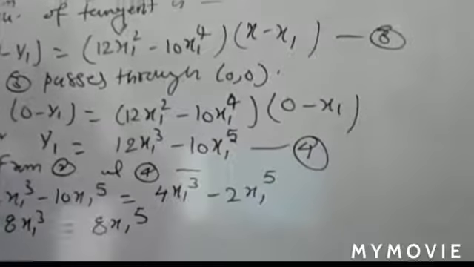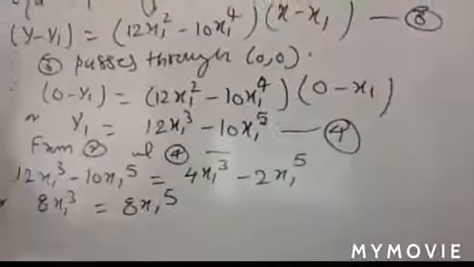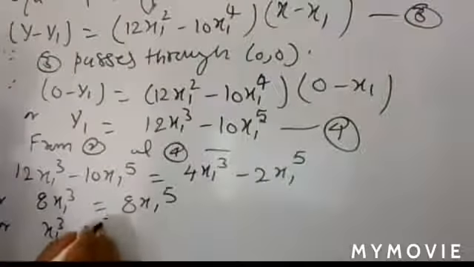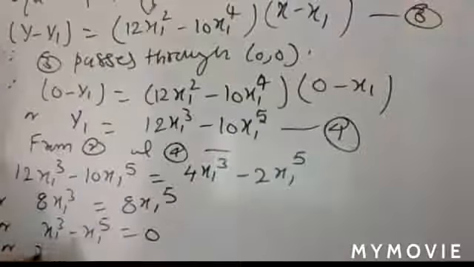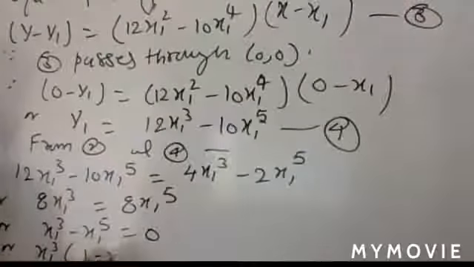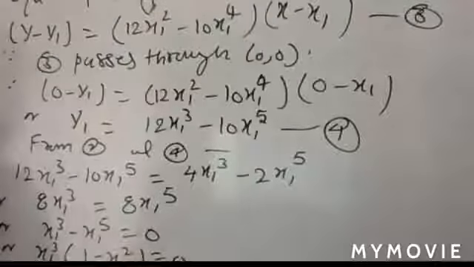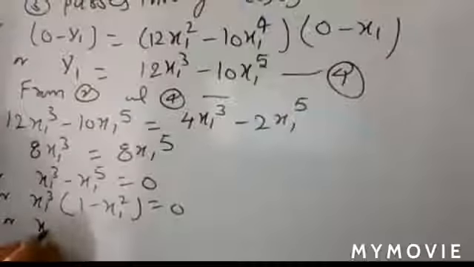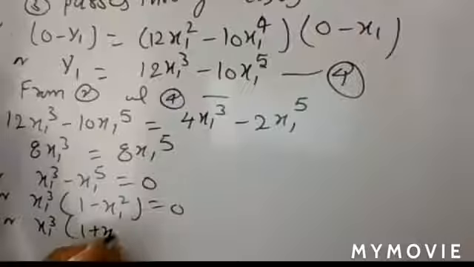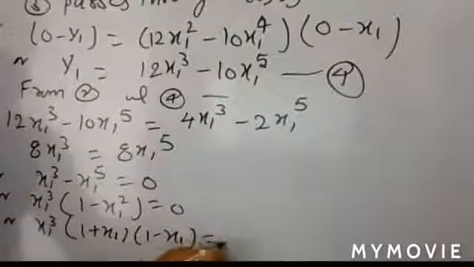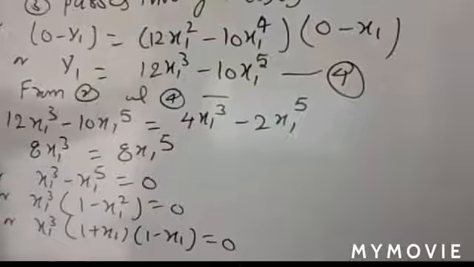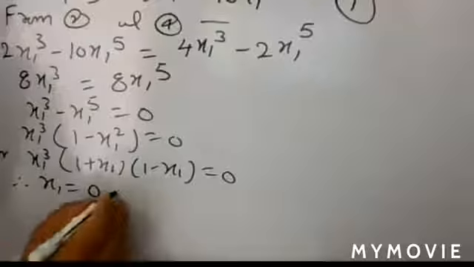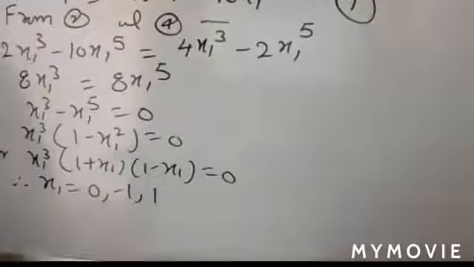The 8 is cancelled out from both sides. So x1 cube minus x1 to the power 5 is equal to 0. Taking x1 cube common, you have 1 minus x1 square is equal to 0. Factorizing, x1 cube into 1 plus x1 into 1 minus x1 is equal to 0. So you have three values of x1: x1 is equal to 0, minus 1 and 1.